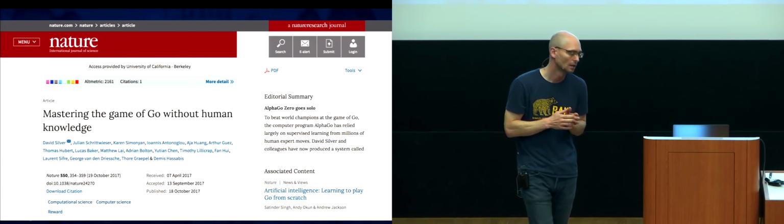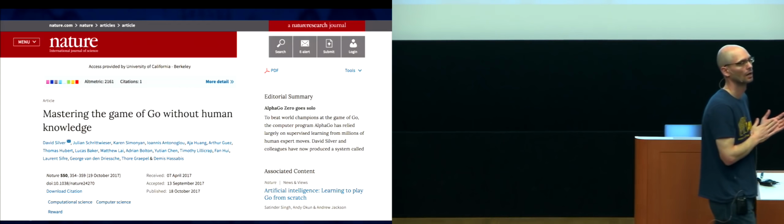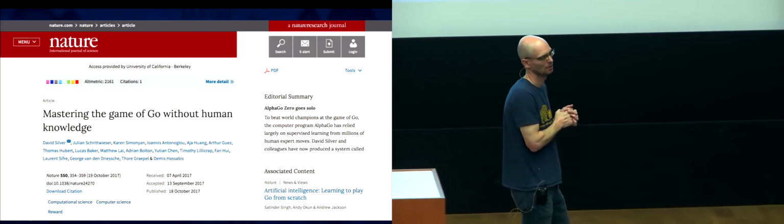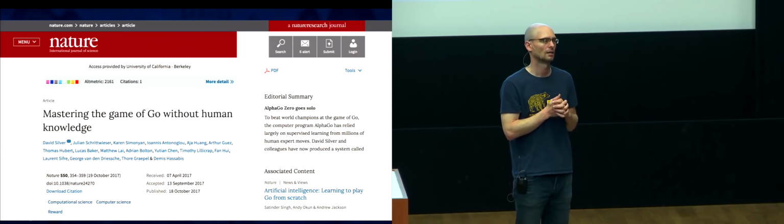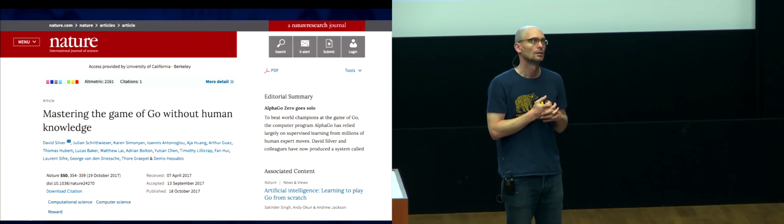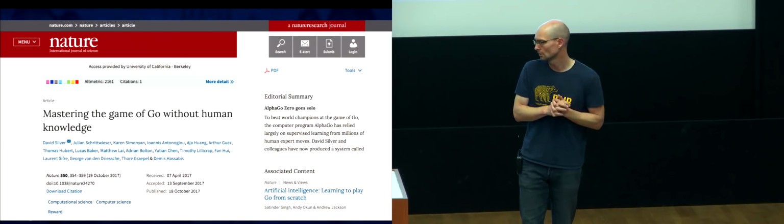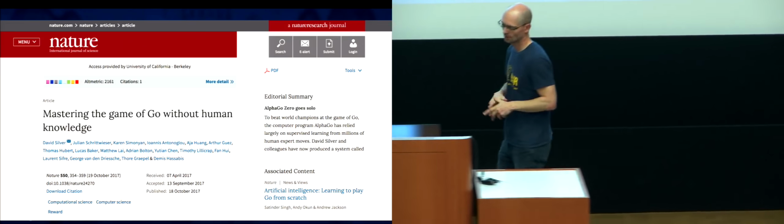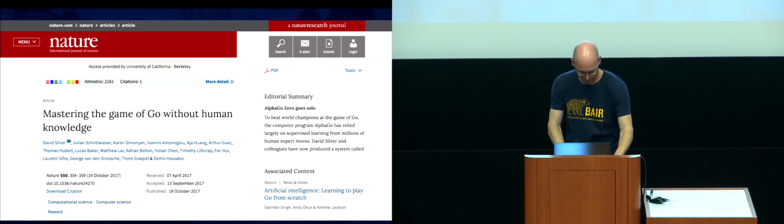Yes? Is there a point where the ELO rating plateaus, and how long does that take for AlphaGo Zero? Let me see if I can pull this up easily, because I have a slide on that, just not in this deck.